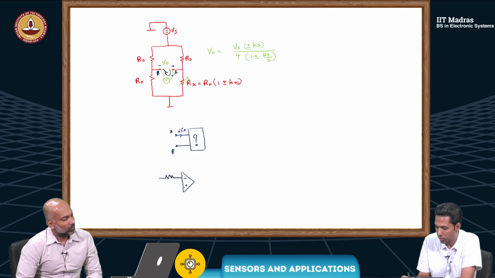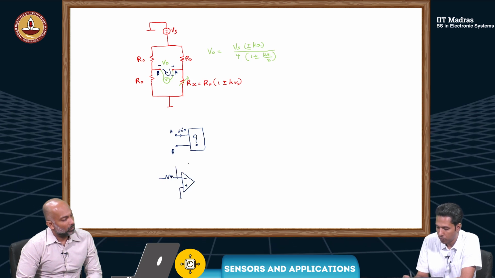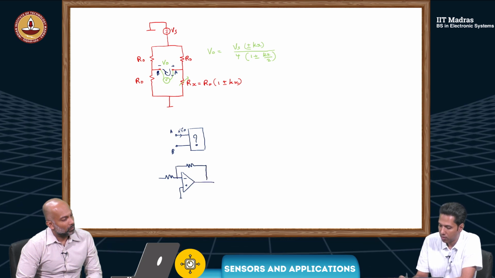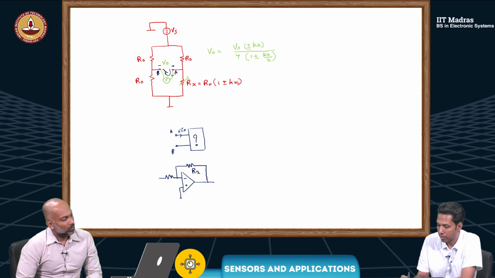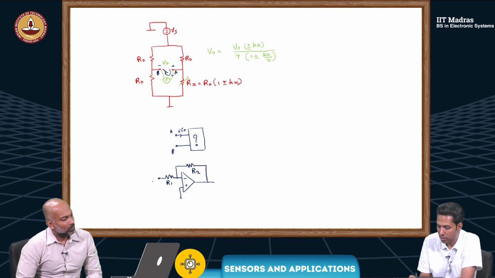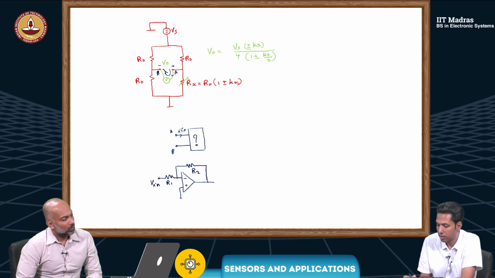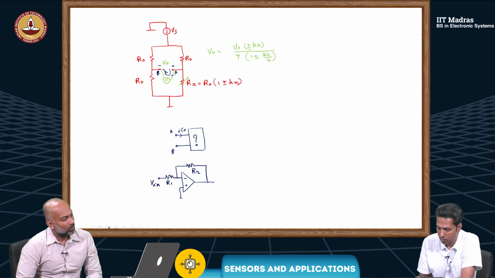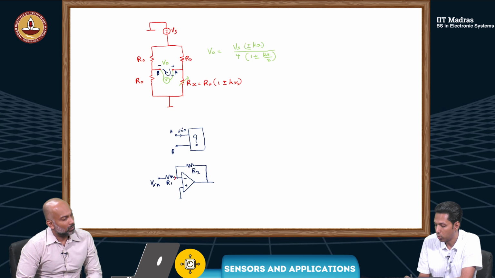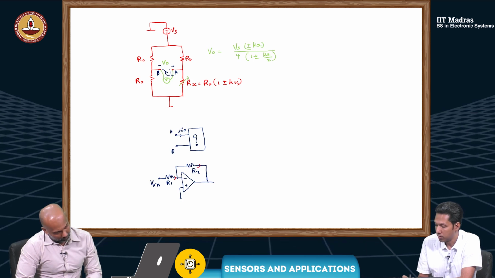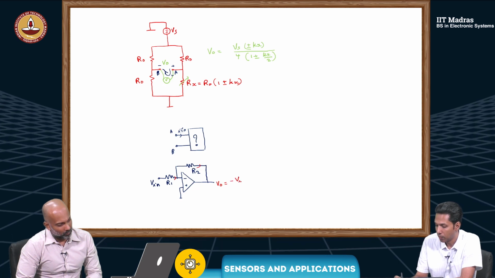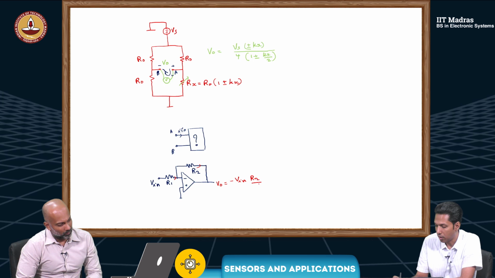So inverting amplifier, this I am sure they might have studied. So let's say R2 is in the feedback and R1 is the input resistance. If Vin is the input, you have a current of Vin by R1 going into this, that flows through this, and you get an output which is minus Vin into R2 by R1.